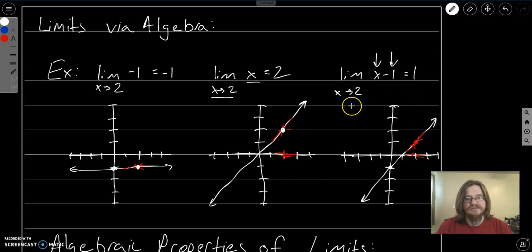So it would be nice if I could just plug this 2 in here and get 1. And we'll essentially show by the end of this lesson, and then forever in the rest of this class, that we can do just that. As long as our function is nice in here, we can just plug in our value and find the limit.